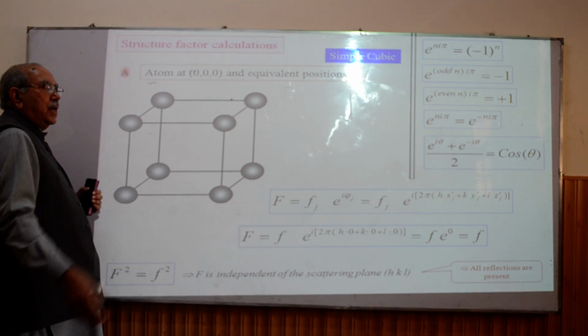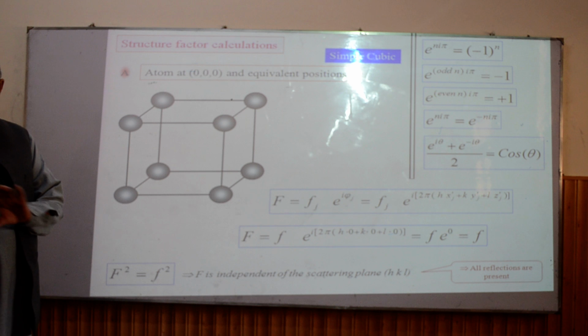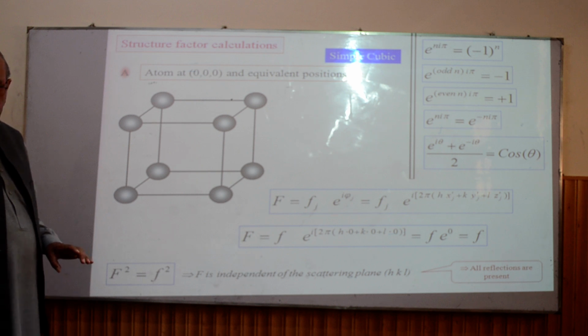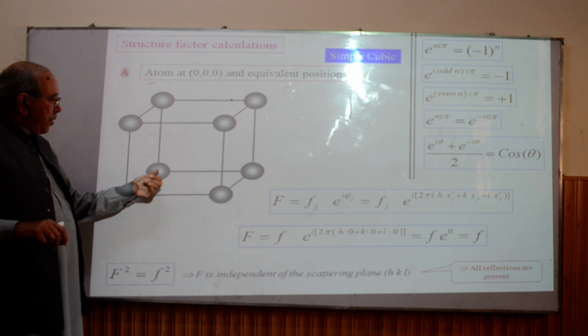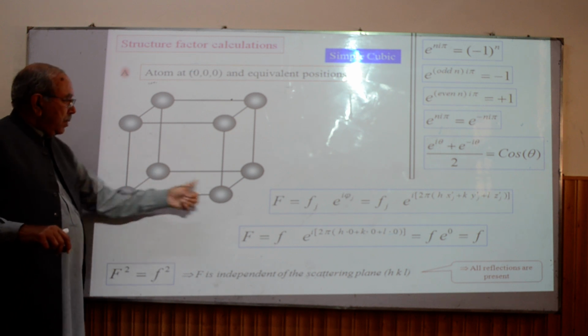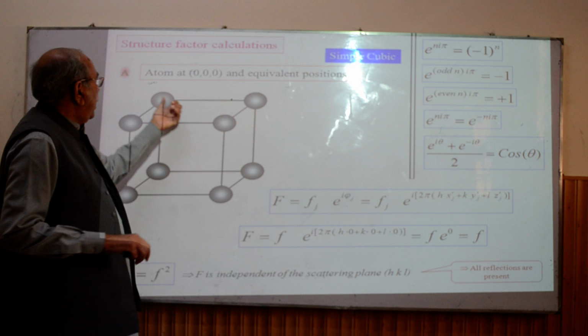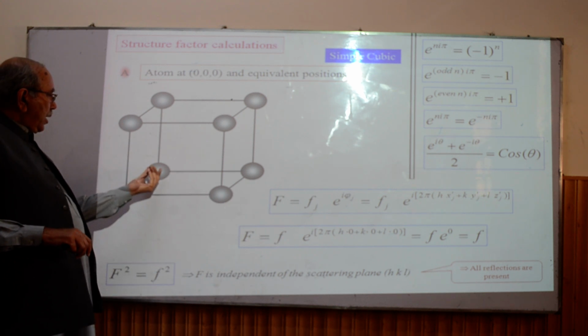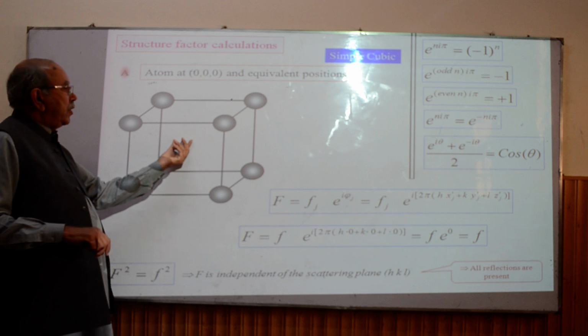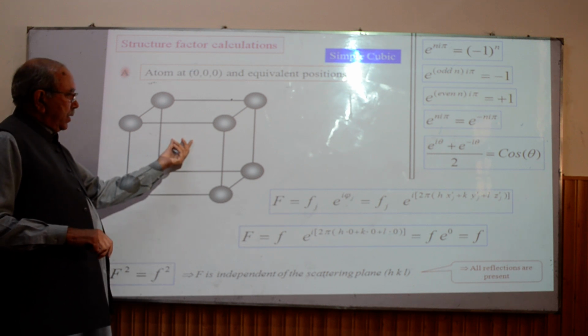We have discussed this earlier when we were discussing the crystallography of the primitive cell, because every corner atom is shared with 8 such unit cells. So the contribution of this atom towards this cell will be equal to 1 by 8.